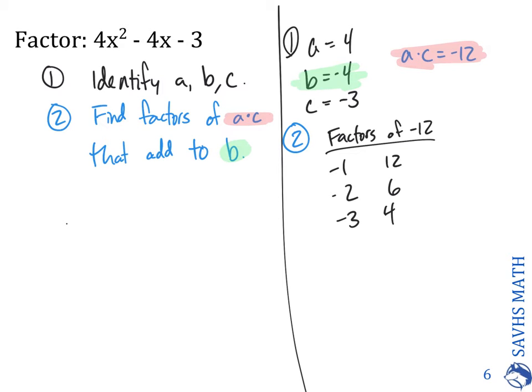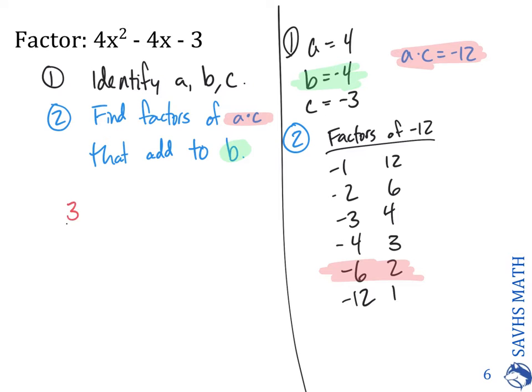And then I could have negative 4 and 3. I could have negative 6 and 2. And then I could also have 12 and negative 1. Negative 12 and 1. Which pair adds to B? Which pair adds to negative 4? Well, it's got to be this one right here. So that means now I know what goes in the box.